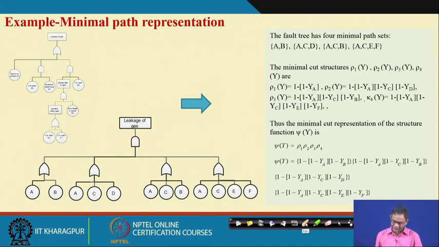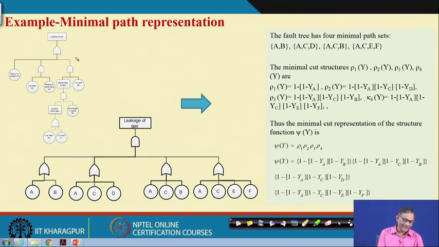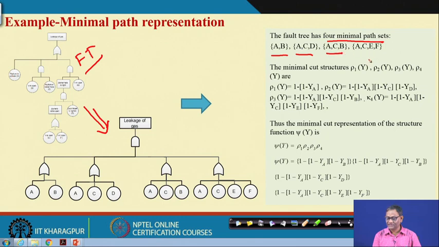The second example, this is leakage of gas, this is the original fault tree. Here this is the minimal path set representation, 4 path sets are there, AB, ACD, ACB and ACEF, and then we have generated 4 path set structure functions.